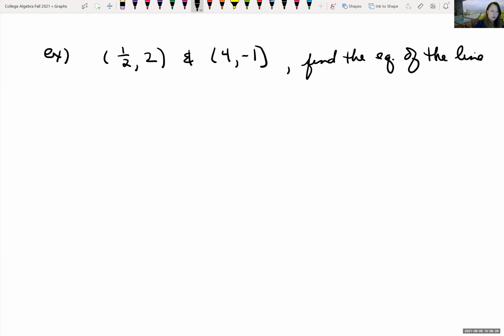Again, we want to find our slope. We're going to look at our change in our y value. So -1 minus the other y value, 2, all over the change in our x value. Well, I started with the second point, so I'm going to start with my x value 4 on the bottom, minus 1/2.